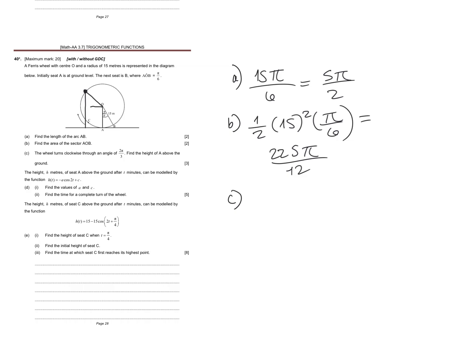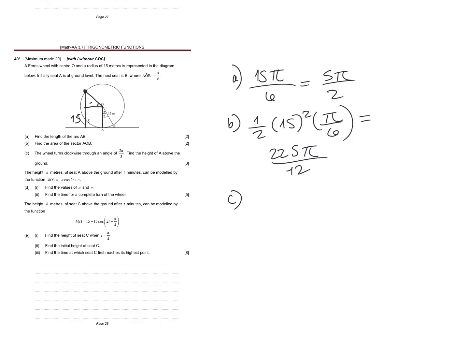We know that's 15 because that's a radius. What is that? So that's 2 pi over 3.